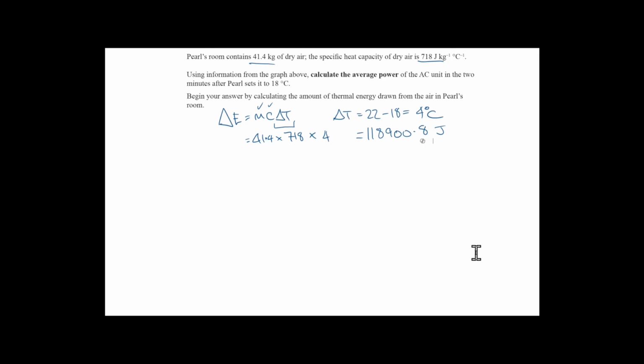So the change in energy is going to be equal to the power times the change in time. Now, little t is time. Big T by convention is temperature. By convention. We know the change in energy, it's going to be this. We don't know the time, but we can work it out. It's 2 minutes. So it's going to be 120 seconds.